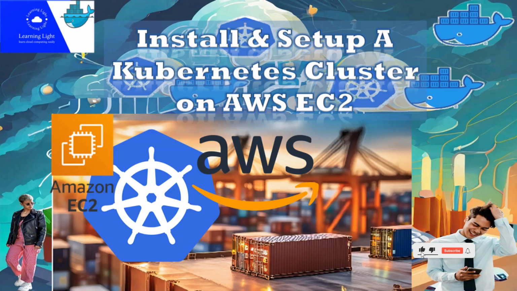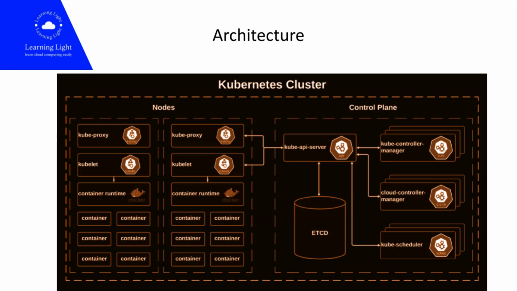So, in the earlier couple of lectures, we saw how we can install Kubernetes on Ubuntu systems. We used AWS EC2 instances to launch the Kubernetes cluster. We installed Docker and Kubernetes, and then we deployed the nodes.